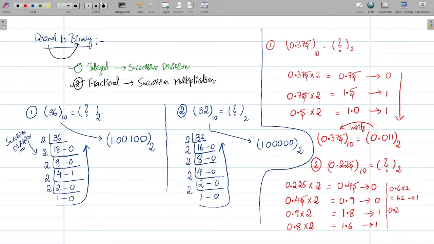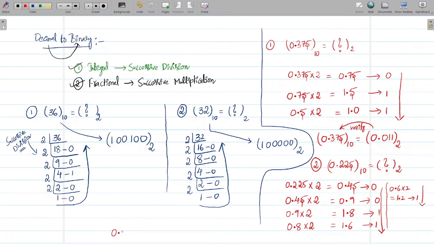That's why I'm stopping here. So I need the accuracy of this conversion up to 5 digits after the decimal point. Now if you move in this direction, you will get the equivalent binary number.